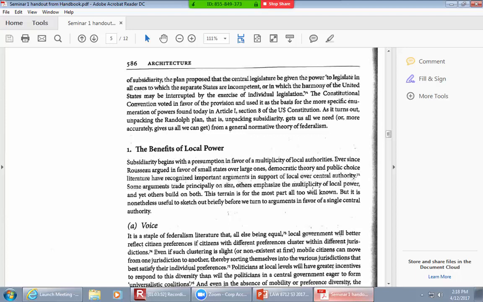Randolph Plan was about, so the criteria is, if this is the test, if the states are incompetent, then the power to legislate on that matter should be given to the central legislature. Do you agree with this statement or disagree with the statement, or what can you say about the statement?